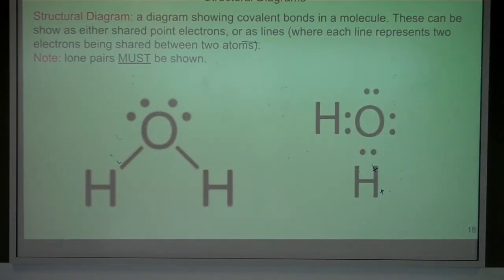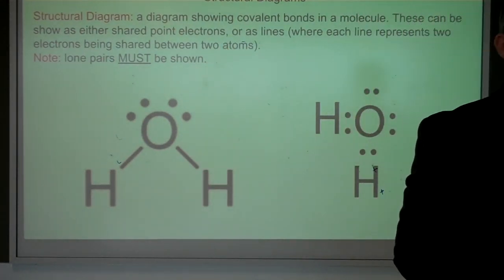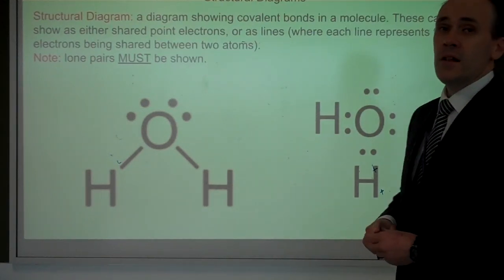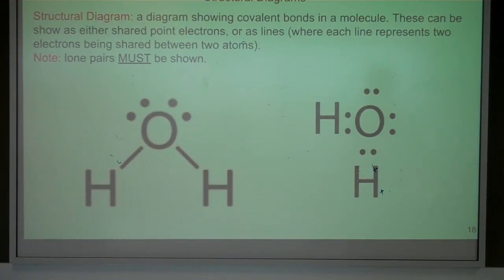Lastly, Lewis dot diagrams take a lot of work, and you're lazy, I'm lazy, everyone's lazy. So we use structural diagrams. Look, oxygen has how many valence electrons? 6.